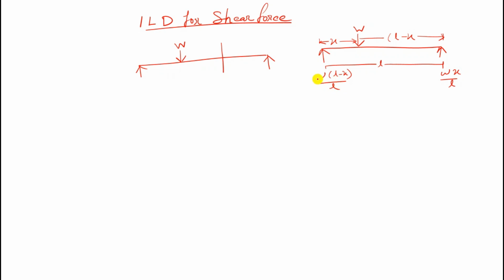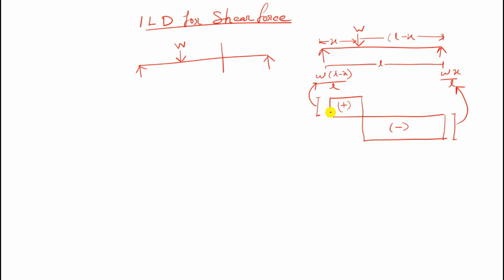Now the shear force diagram will be like this. For this case, this will be the shear force diagram. This is the negative part and this is the positive part. And this value is nothing but the value of the reaction, W into L minus x divided by L, and this value is nothing but equal to the value of RB.